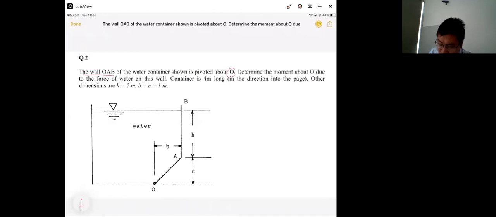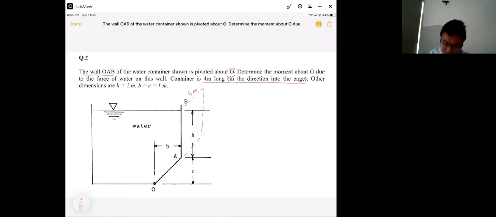You have to determine the moment about O due to the force of water on this wall OAB. The container is 4 meters long in the direction into the space. It means if you see in 3D, this square will extend 4 meters into the space.